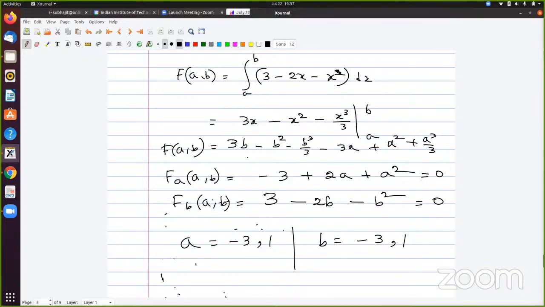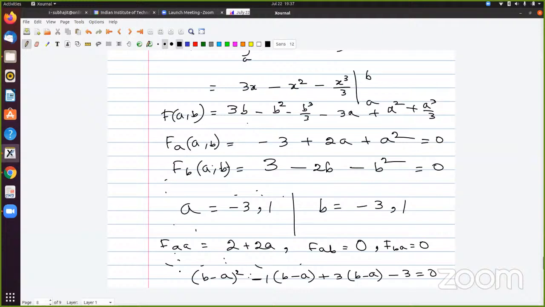And what is f_aa? f_a is 2 plus 2a, f_ab is 0, f_ba is 0, and f_bb is minus 2 minus 2b.